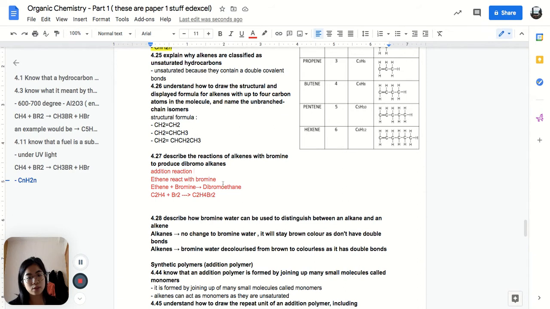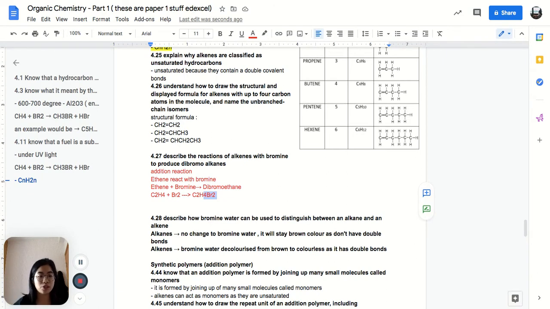Ethene plus bromine gives you dibromoethane. It does break the double bond back into a single bond, which gives you an alkane. So C2H4 plus Br2 gives C2H4Br2. Why is it an addition reaction? Because it added a new thing instead of substituting into something else. So that is why it's called addition reaction and not substitution reaction.